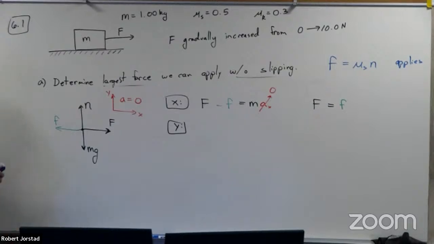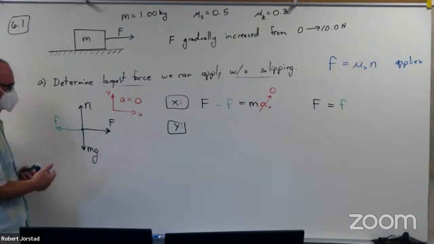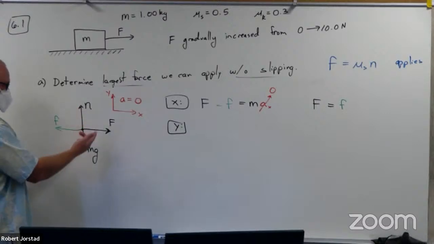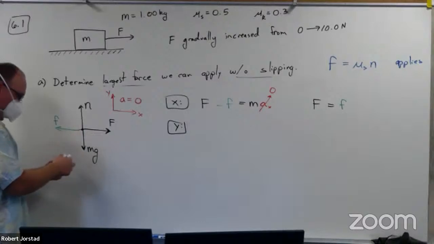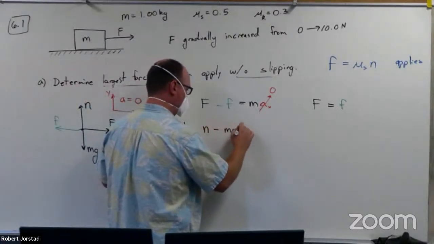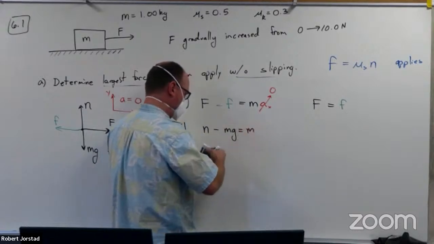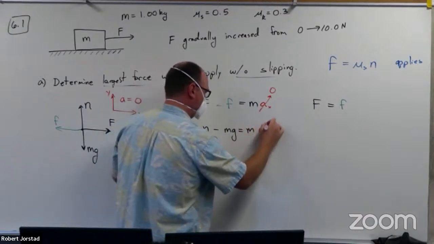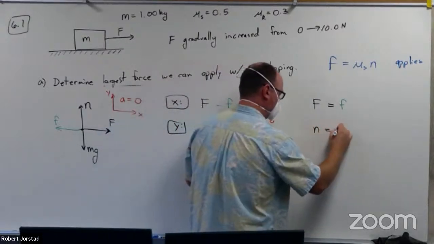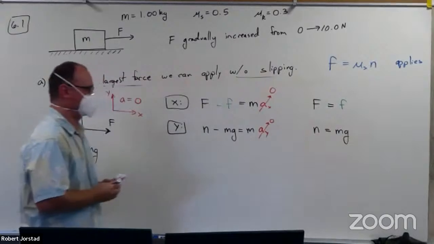Y equation, somebody else. N minus mg equals zero, and do you agree I could just say the ups equal the downs? So N equals mg.